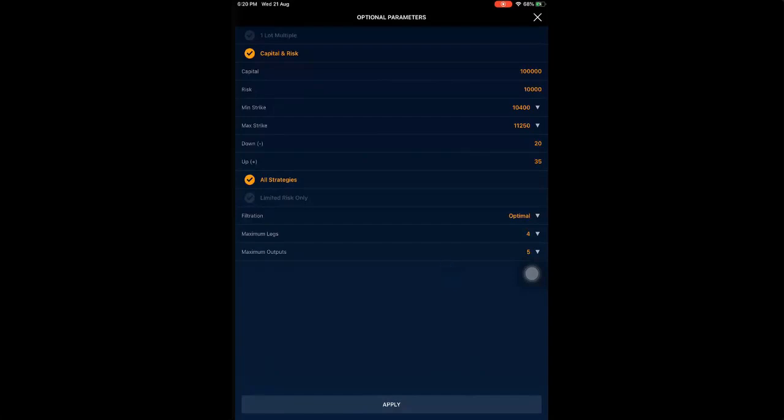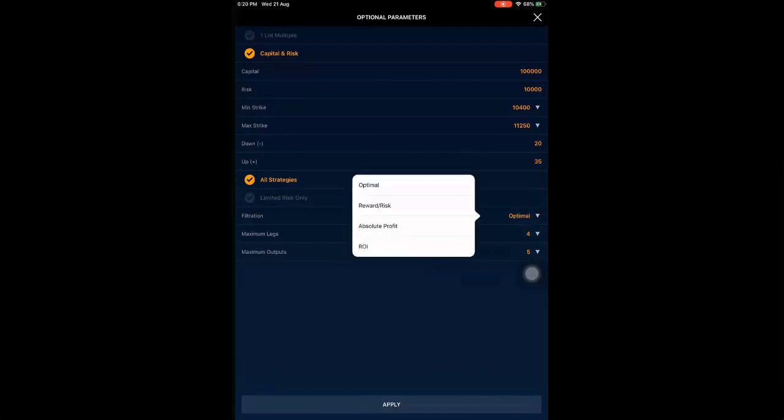Then comes the filtration of optimal, reward to risk, absolute profit or ROI. By default, we have kept it as optimal. Why? There could be a scenario where one strategy is giving you 1,000 rupees profit and in loss there is just 100 rupees loss. So your reward to risk is 10:1.